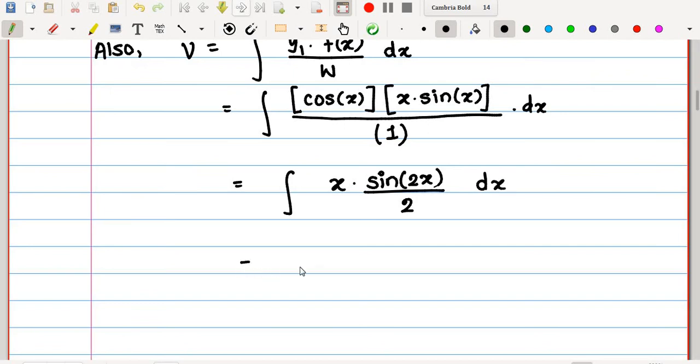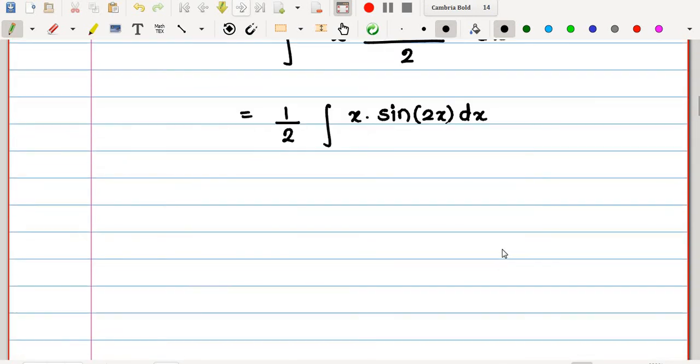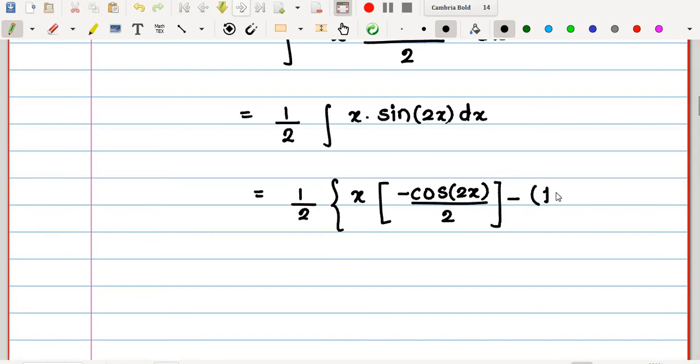Now we apply integration by parts formula. We can take 1 upon 2 outside the sign of integral. So x into sin 2x. We apply integration by parts formula again for the product of one algebraic and one trigonometric function. So it is equal to first function as it is, integration of second, so minus cos 2x upon 2, minus derivative of first term into integration of second.